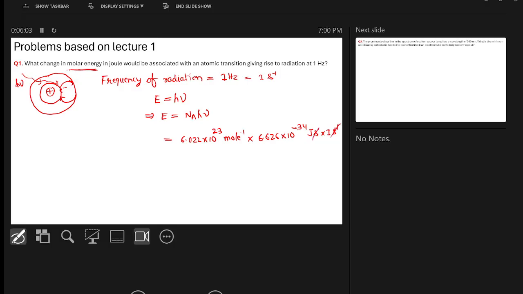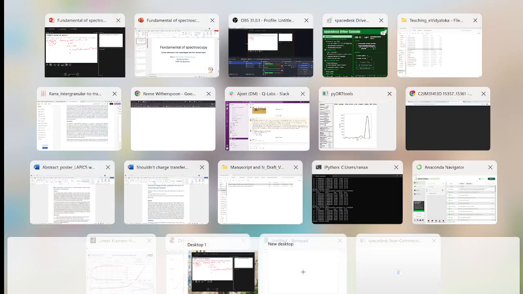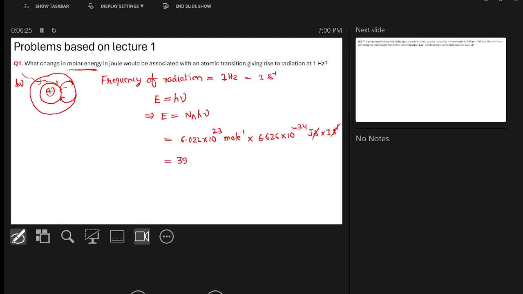So this per second cancels out, and we get something. Calculating it, 6.022 times 6.626 gives 39.9 times 10 to the power minus 11 joule per mole, that is, 3.99 times 10 to the power minus 10 joule per mole.